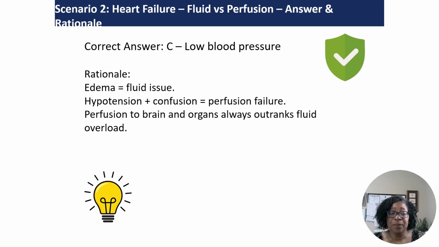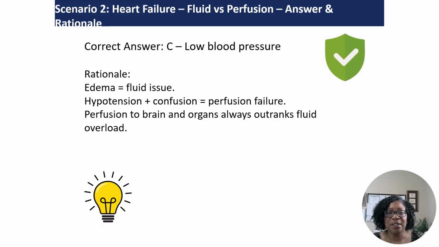All right, let's walk through this. Students typically choose, oh my God, they have crackles, right? But you got to ask yourself, what kills the patient first? And it would be the low perfusion. So the answer would be low blood pressure. What was it, 88 over 54? You know, edema equals a fluid problem, right?